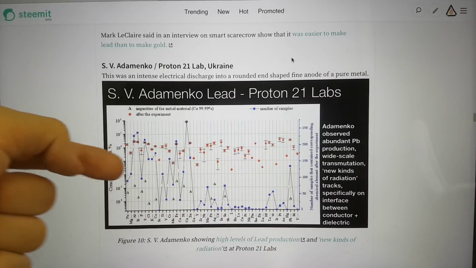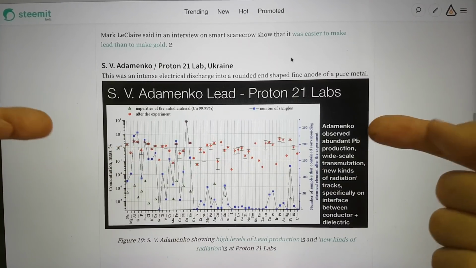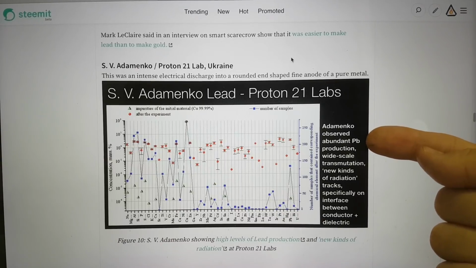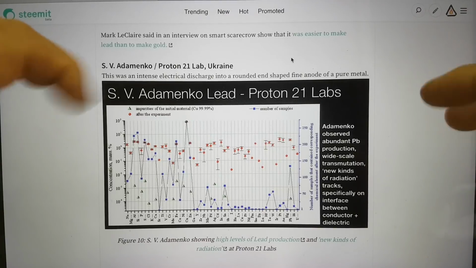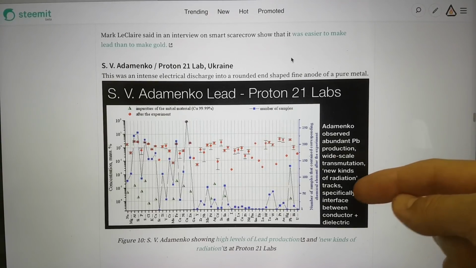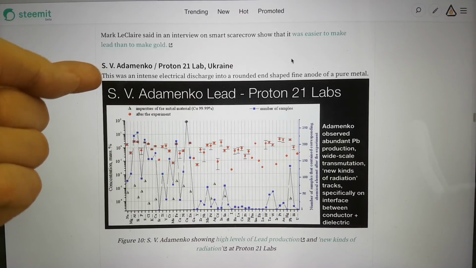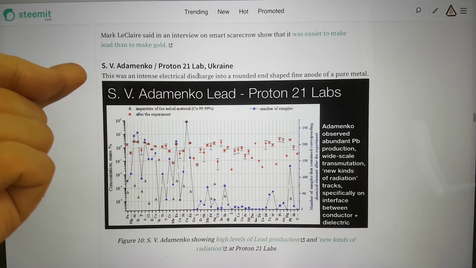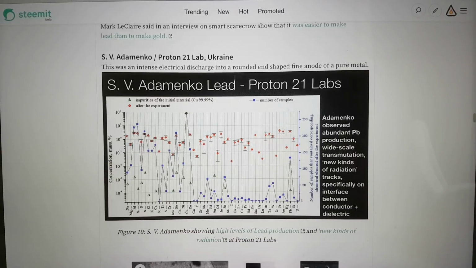And this is a chart, and he says, I'm summarizing here, Dominque observed abundant lead production, wide-scale transmutation, and new kinds of radiation tracks, specifically on the interface between conductor and dielectric. So, he used an intense electrical discharge into a rounded end-shaped fine anode of pure metal.